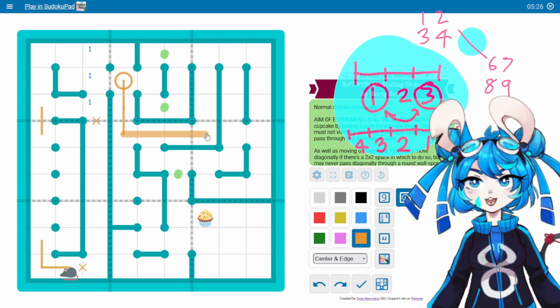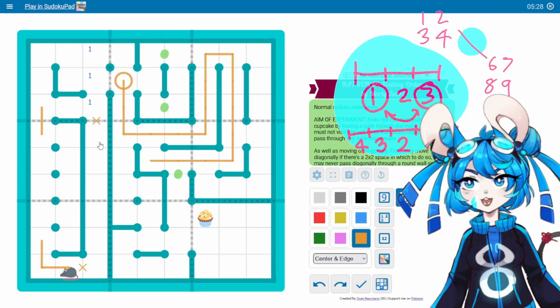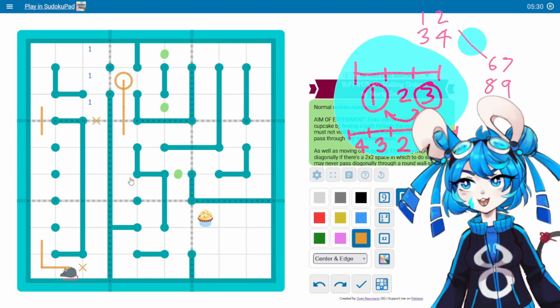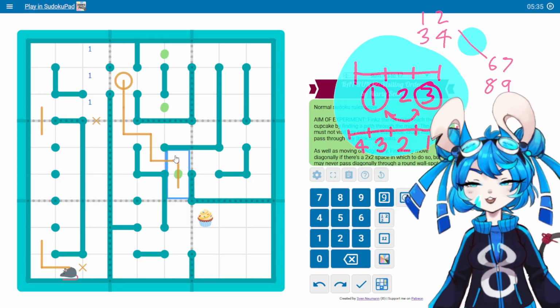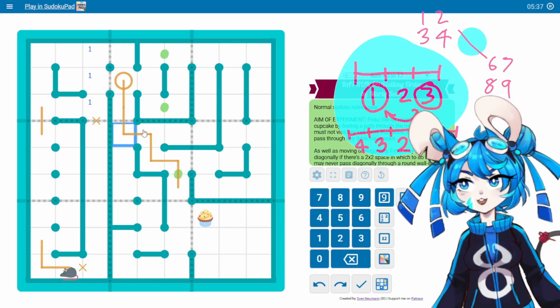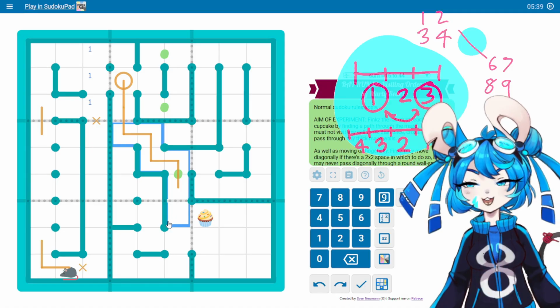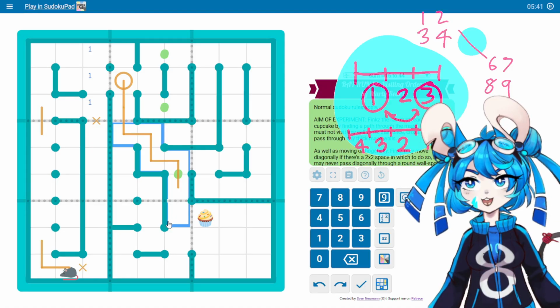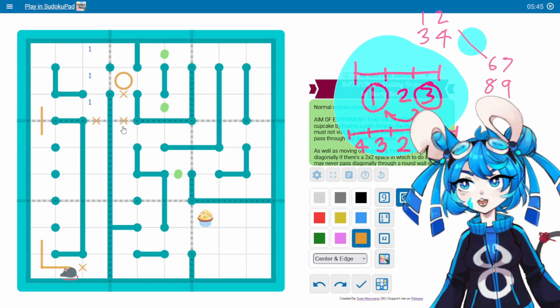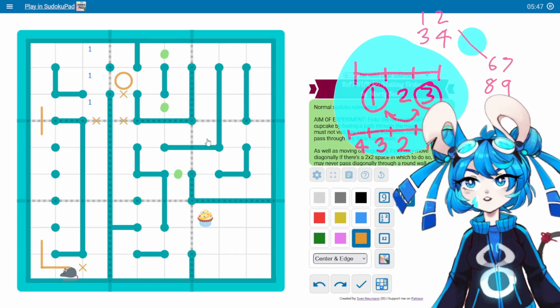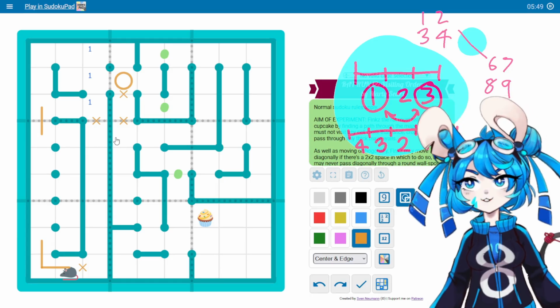It can't go into this box because then it would have to loop back into the same box again, which is impossible. And if it goes down this way, it would have to cross this grape, which means it would have to be a length at least 6. So I believe that it is impossible for the line to go through here if we consider all of the possible paths it can take.